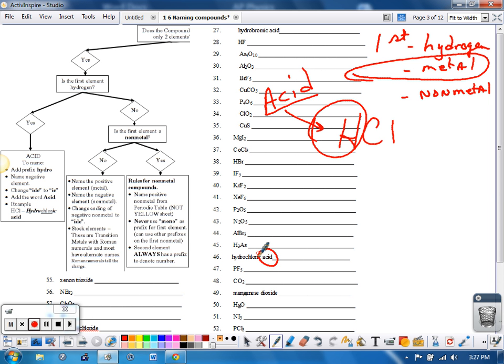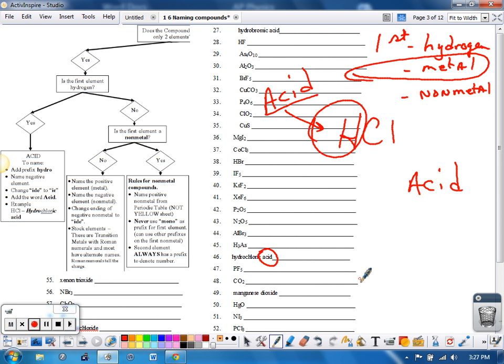So when I see the H, I say acid. And I might as well go ahead and write the word acid, because that's going to be part of the name every time when the first element is hydrogen. Doesn't matter if it's another element's hydrogen, just the first one.